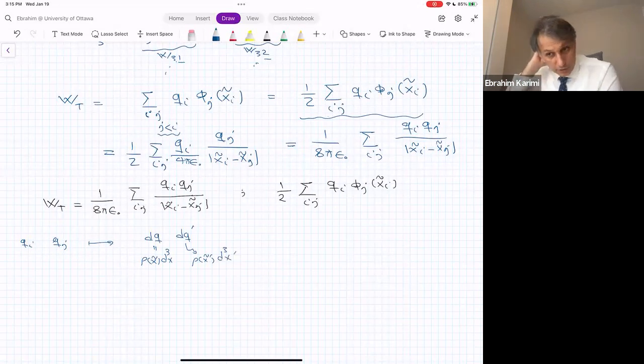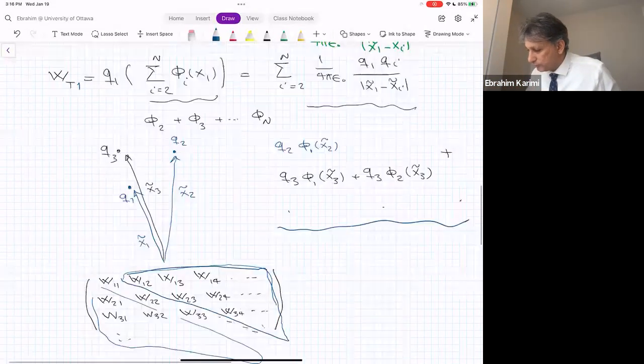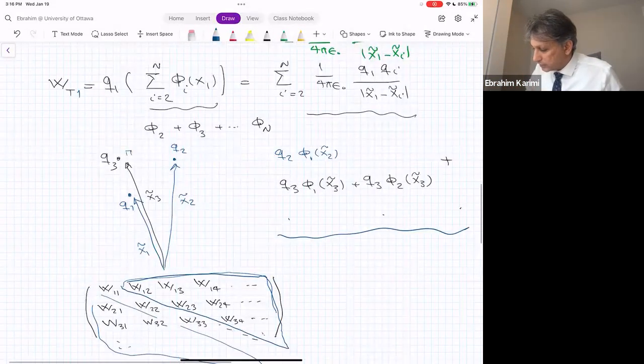Clear? So I assume these two charge distributions are small charges, each located in a specific space.